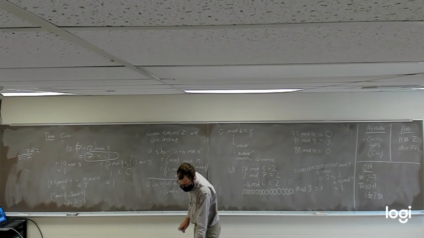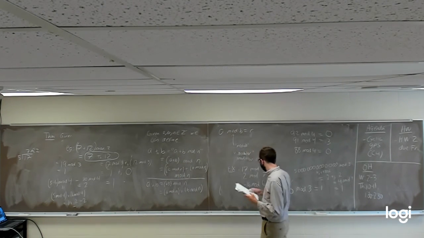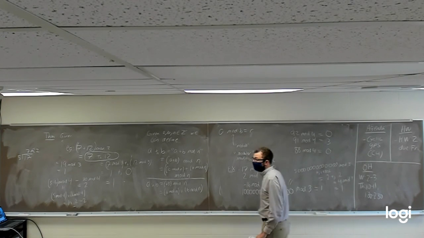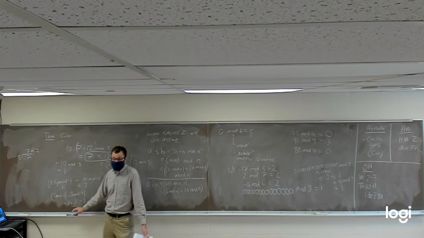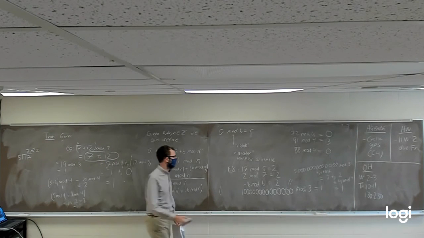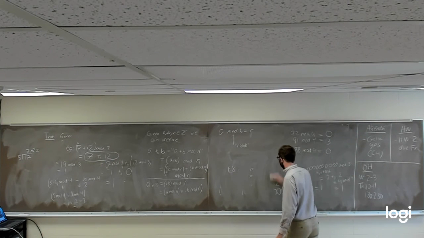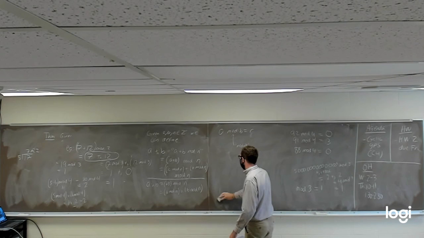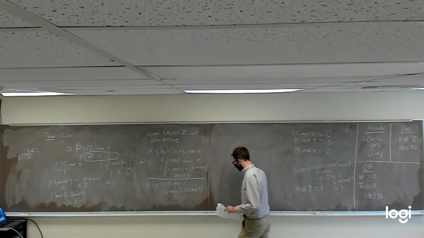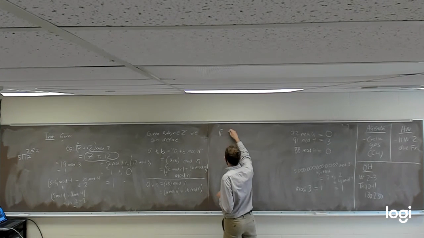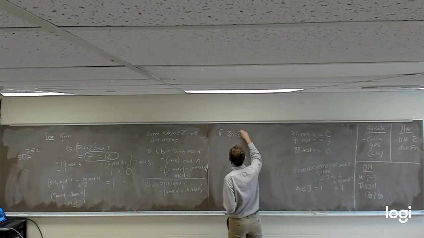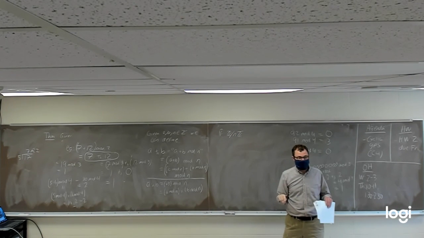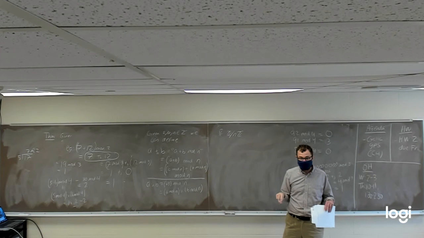All right, I got 2 minutes. Here's the punchline for addition. We can form a group of integers under addition mod n for any n. And I'll leave you this to chew on for Friday's class. If we define Z slash nZ, I'm going to explain the notation in a month from now when we're using it to mean other things.